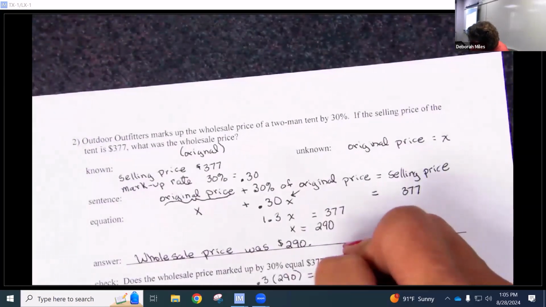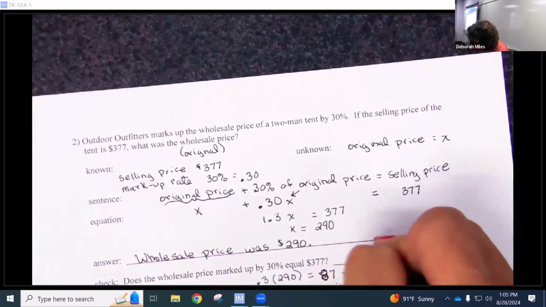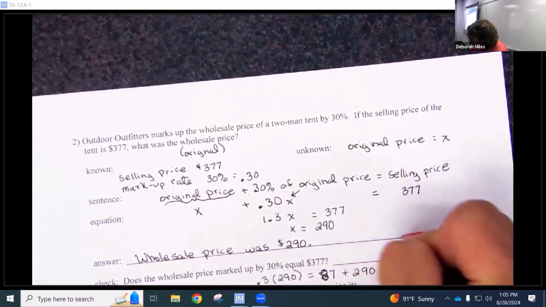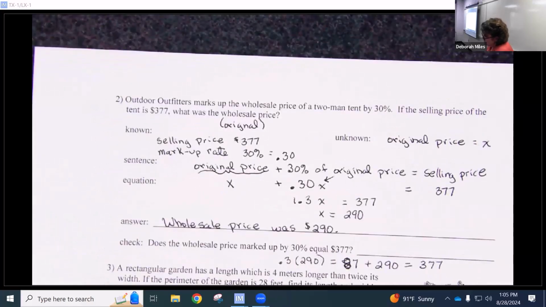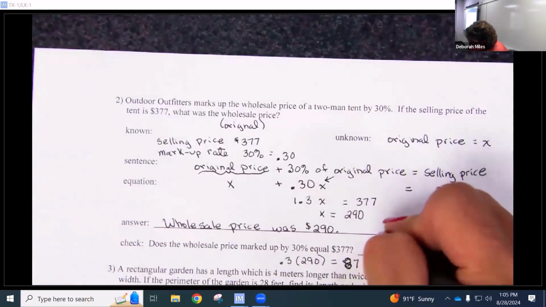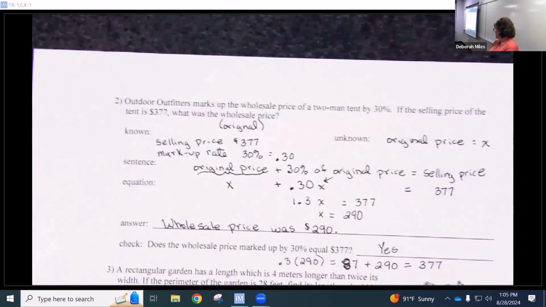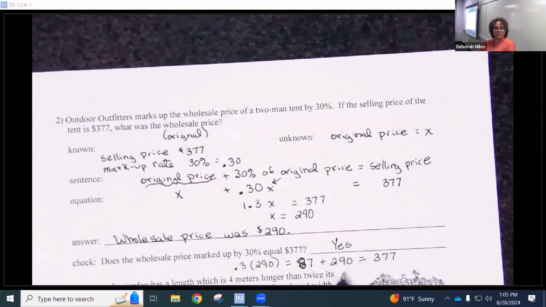If I add that back to the 290, do I get 377? Yes, I do. So I'm checking my answer with the words, not just the equation.